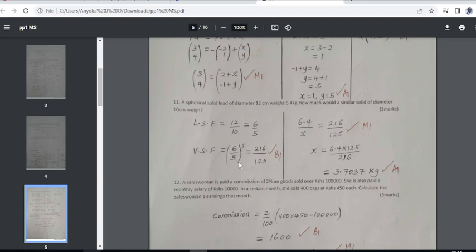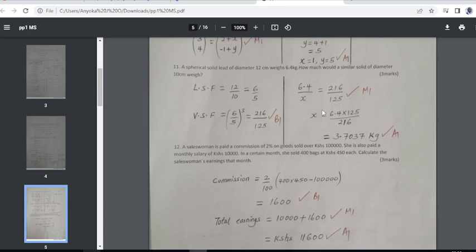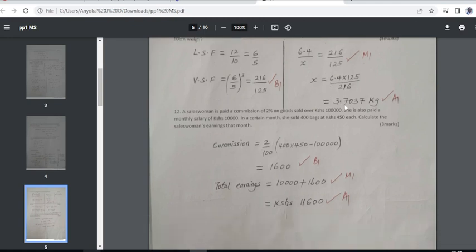The volume scale factor is always equal to the linear scale factor cubed. So 6 over 5 cubed, 216 over 125. Then 6.4, which is the mass of one solid, over x, the mass that we don't know of the other solid, is equal to 216 over 125, the volume scale factor. So we work out x, and x becomes 3.7037.